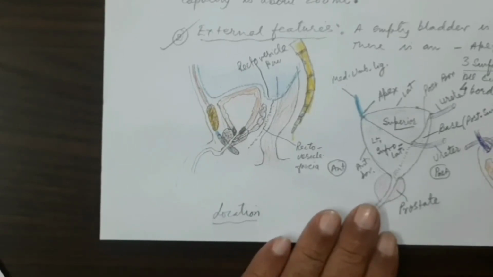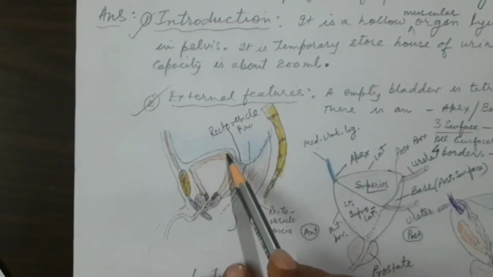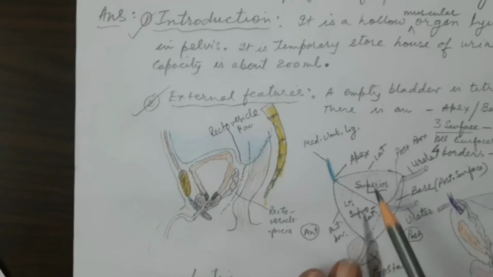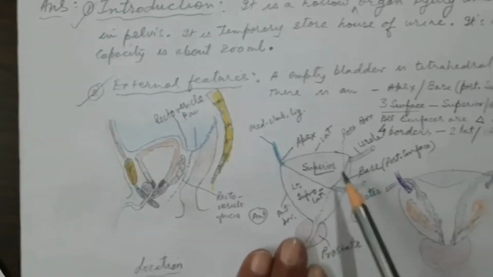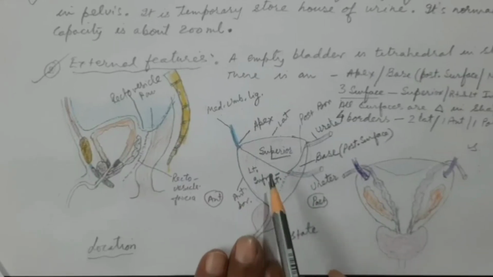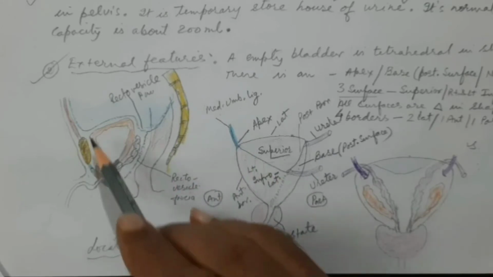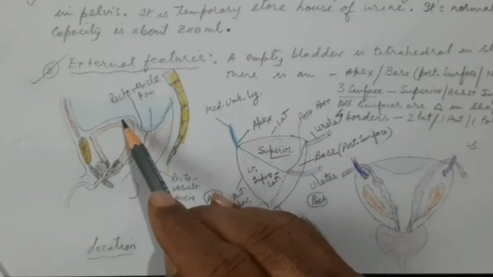Let us come to the relation of the superior surface, and this was the superior surface of the bladder. Now the superior surface, as I said, is completely covered by the peritoneum.